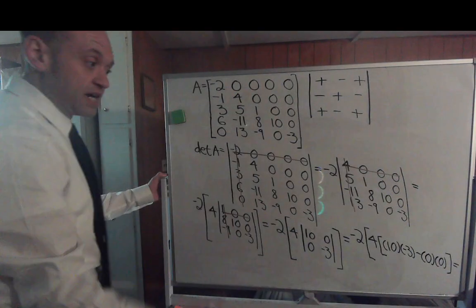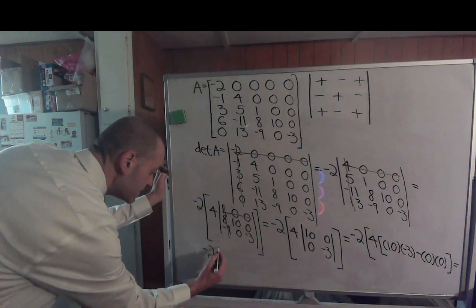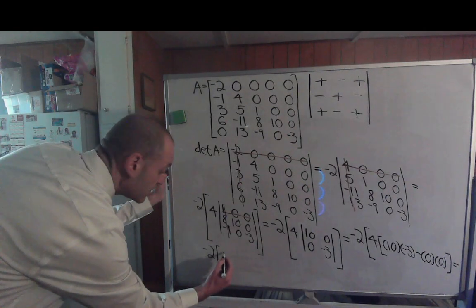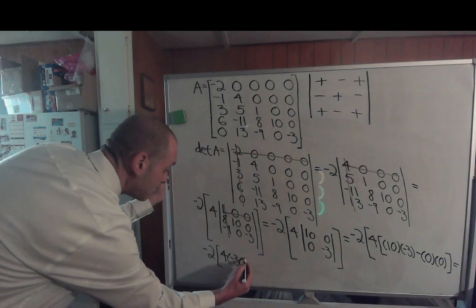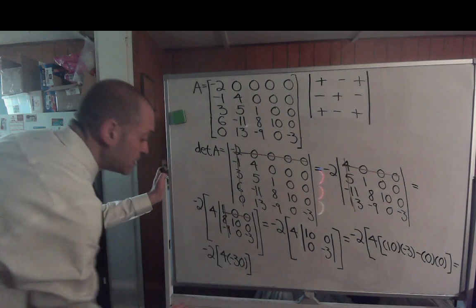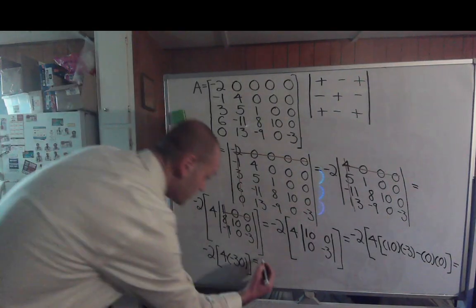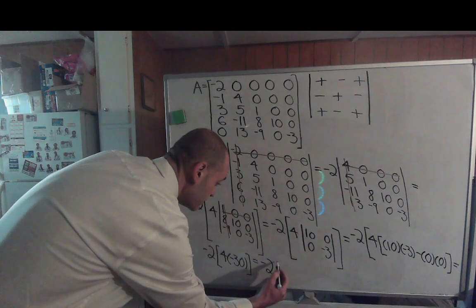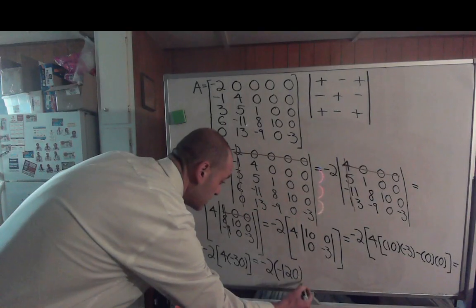Alright, well 0 times 0 is 0. That's real easy. So this is going to be -2 times 4 times negative 30, which gives you negative 2 times negative 120.